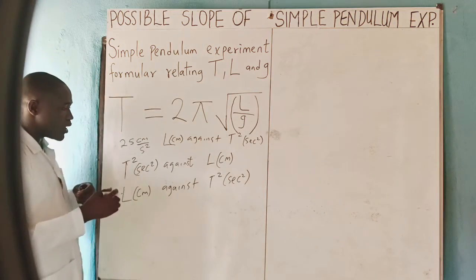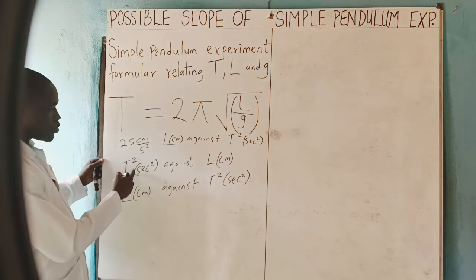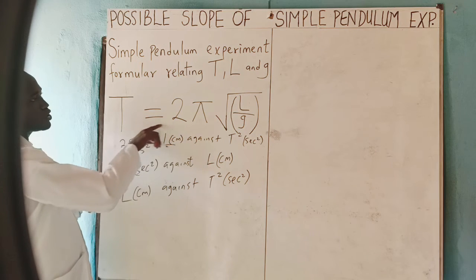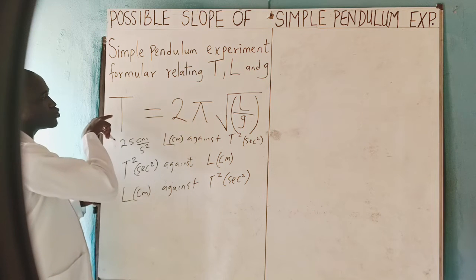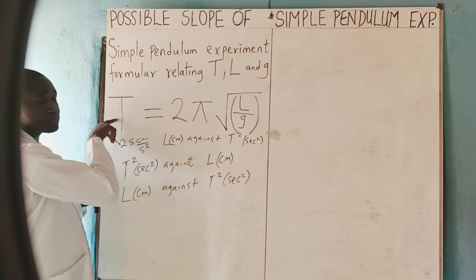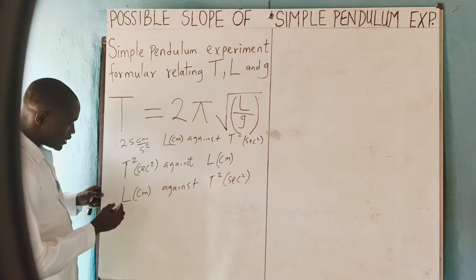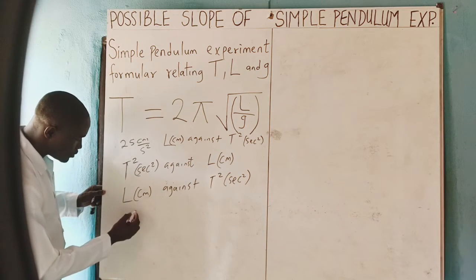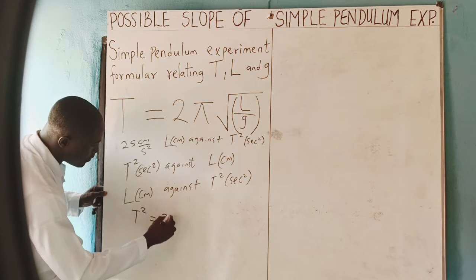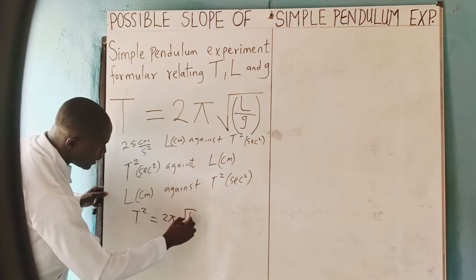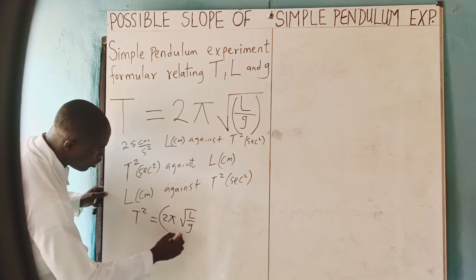Now for the first one, that is T squared against L. I will go to this formula. What can I do to this formula so that it will have T squared? What I will do is I will say square both sides. T squared is equal to 2 pi root L over G all squared.